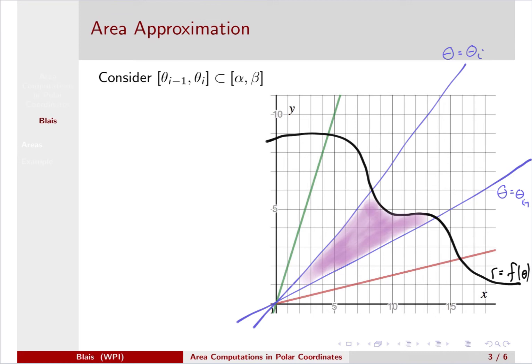So why don't we think about, instead, using a circular slice. So suppose that we were to choose, say, a point here. And then we used that to make a circular boundary. So when we say circular, think circle centered at the origin.